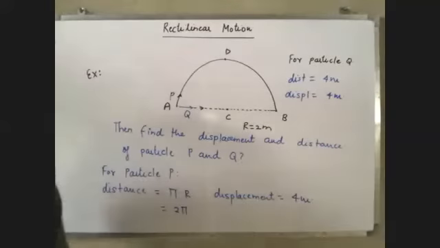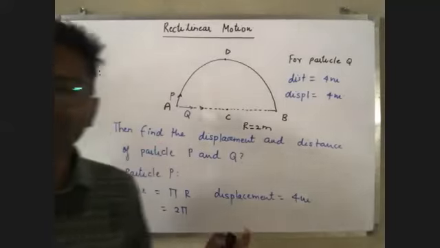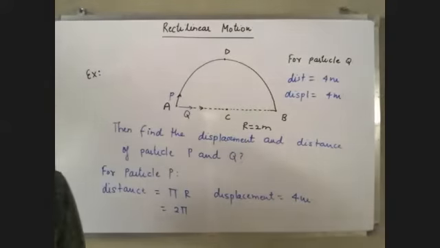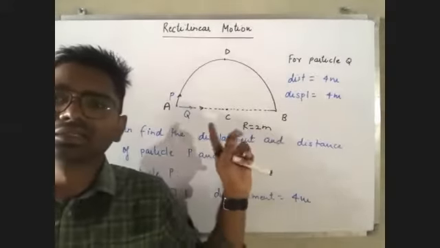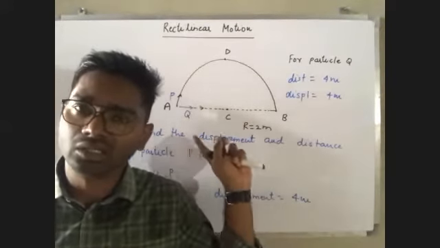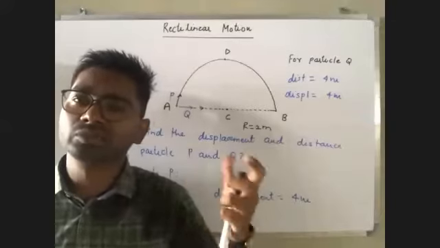Is it clear to everyone? What is the basic difference between distance and displacement? Distance is the actual path length, while displacement is the minimum distance between those 2 points.